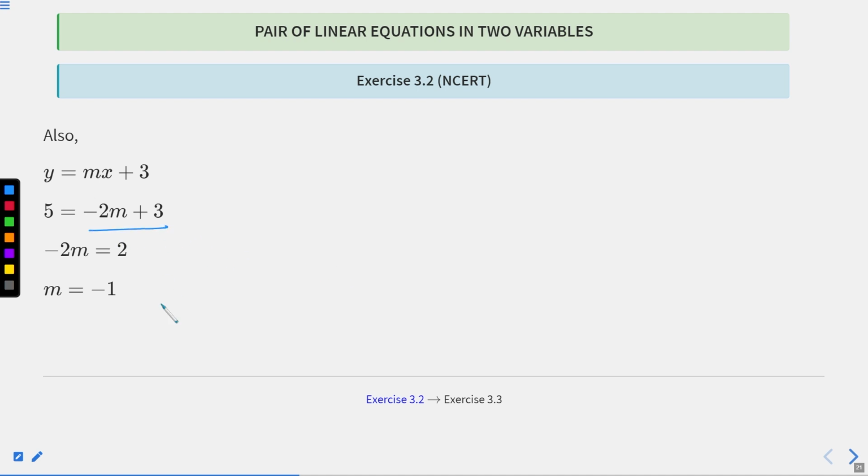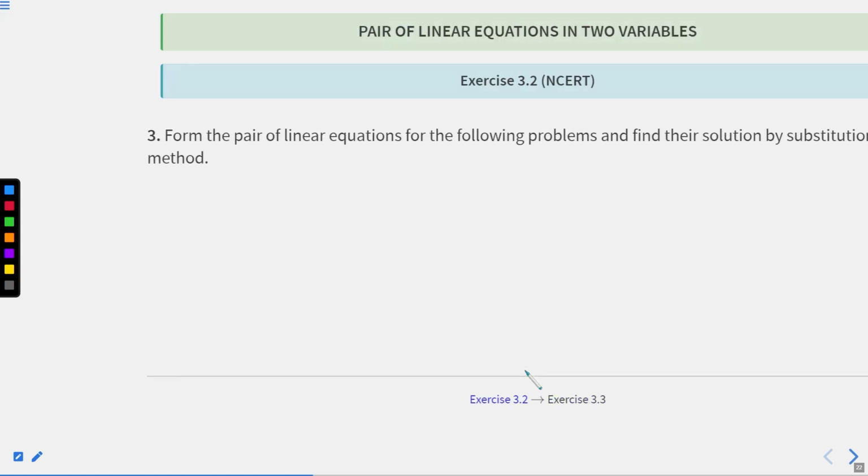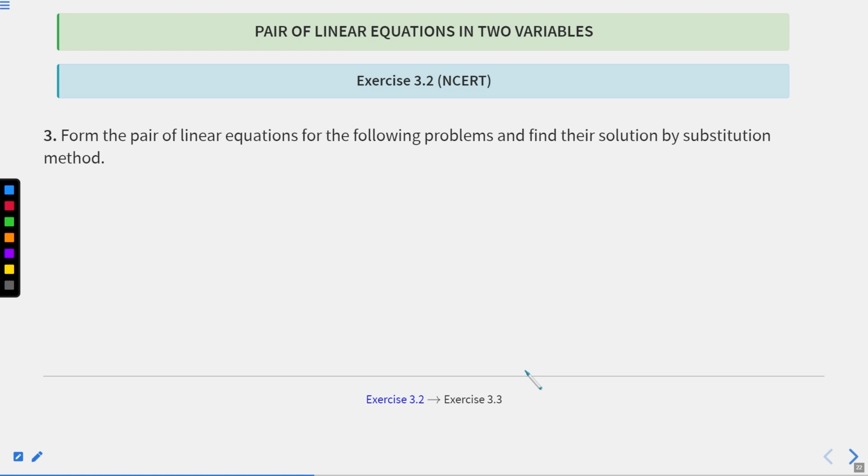Okay, and it implies minus 2m, this is equal to 5 minus 3, that is equal to 2, and it implies m is equal to minus 1. So therefore the value of m is minus 1.